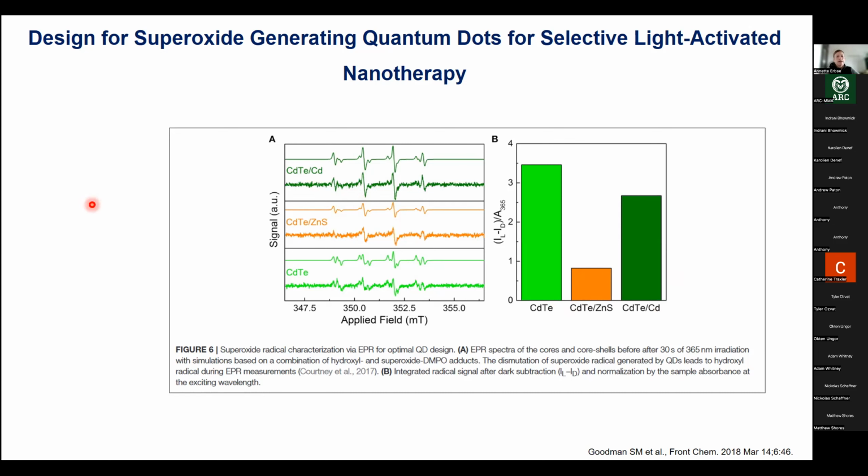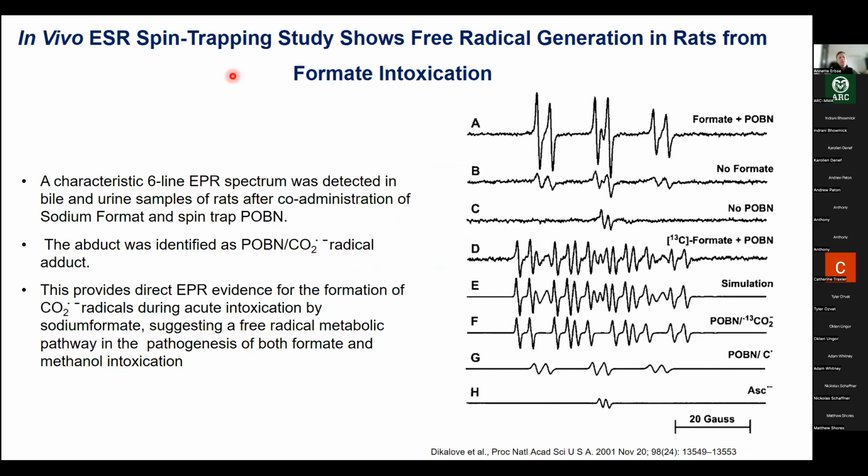And one last example. So this is actually an in vivo spin trapping. So what the researchers did here is they co-administered sodium formate and the spin trap POBN into the blood of rats. And after an hour and 24 hours, they checked in bile and urine samples for the spin adducts.